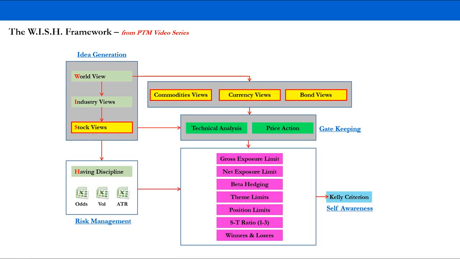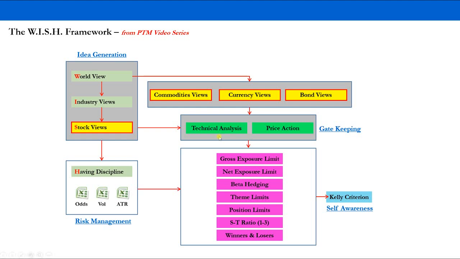And it's no different in the currencies market. So for viewers of the PTM video series, you will be able to apply and understand a similar approach that we took in the PTM video series, and you'll be able to apply that over here in the PFTM video series. And for viewers who haven't seen the PTM video series, this will be new to you, but don't worry about it. We'll explain everything as we go along.